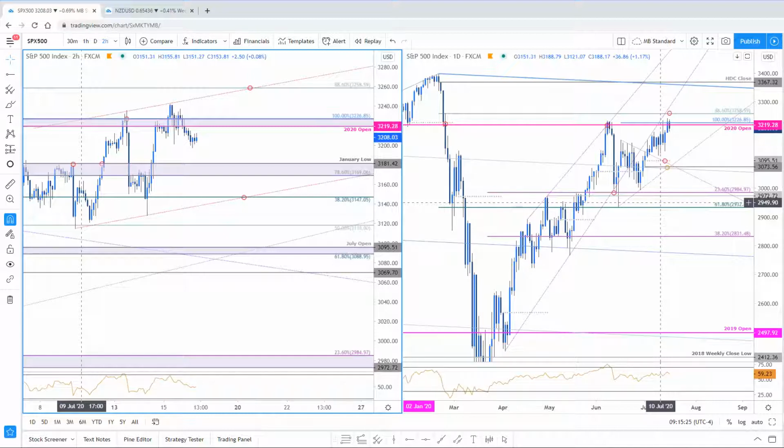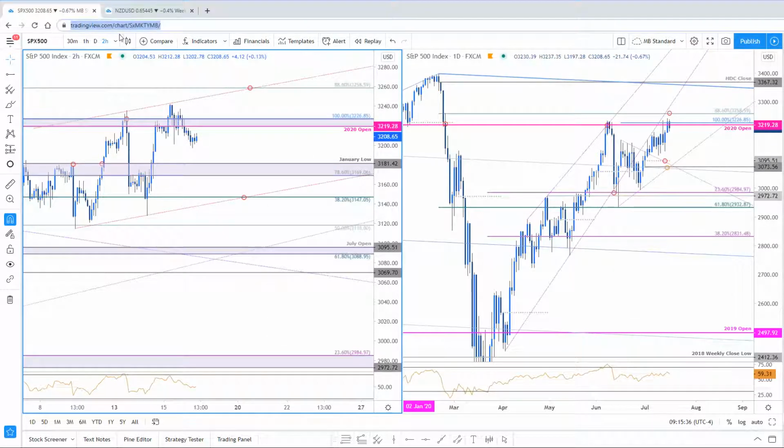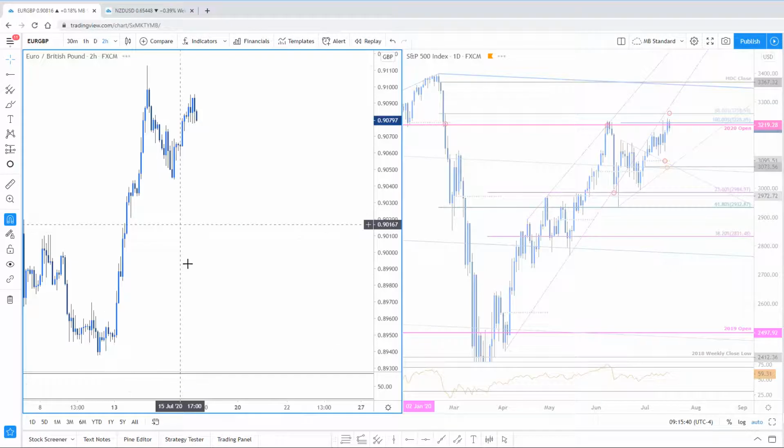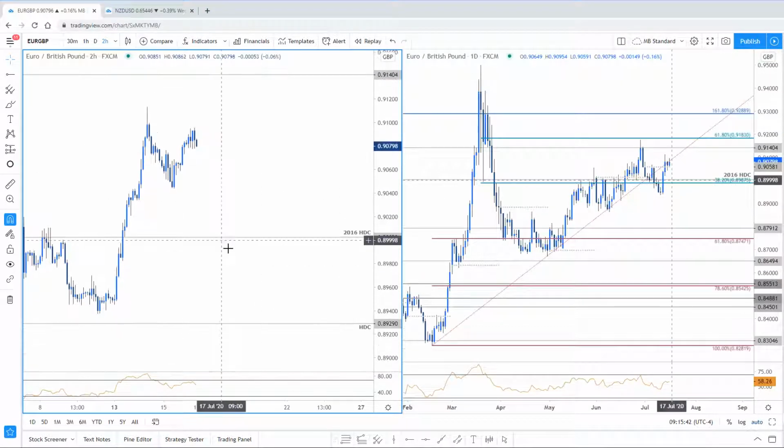All right, so that's everything that's on my list. Let me see if I can get through all of Marchin's list here. You got quite a level to look at. So euro pound again. I'm not really sure what's been going on there. I think we looked at this with you earlier in the week.